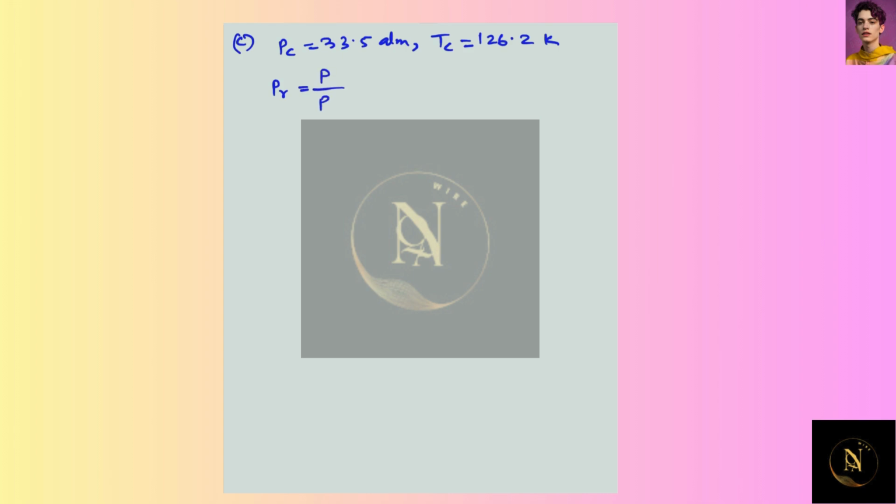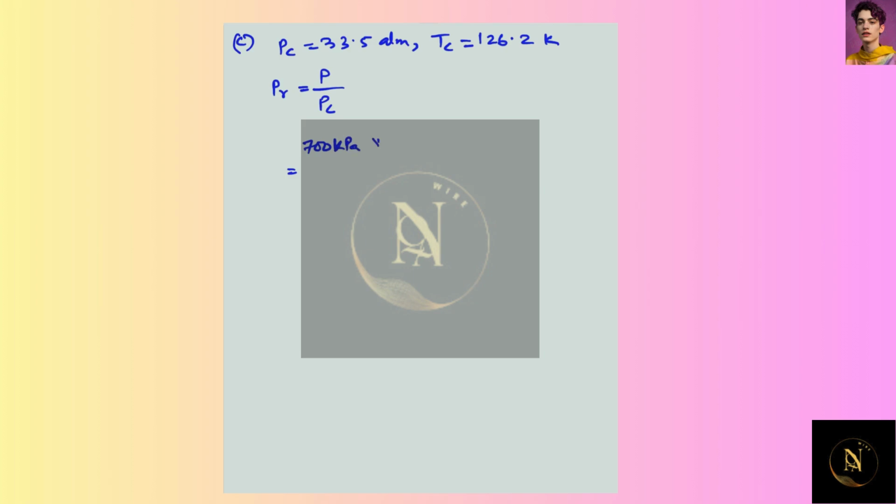The reduced pressure is the given pressure divided by the critical pressure. The given pressure is 700 kilopascal gauge pressure. Let's convert it to atmospheric pressure and then to absolute pressure by adding 1 atm.